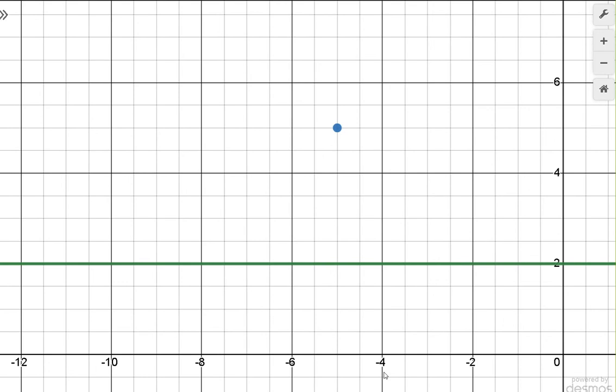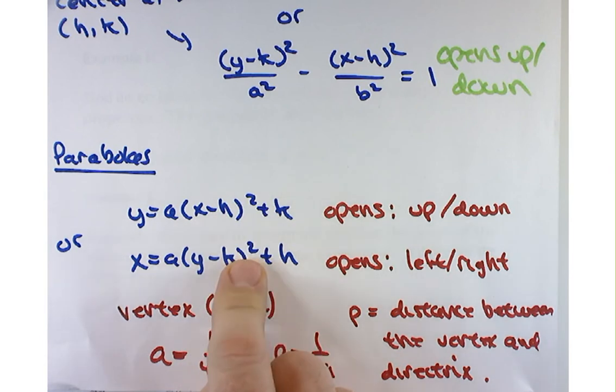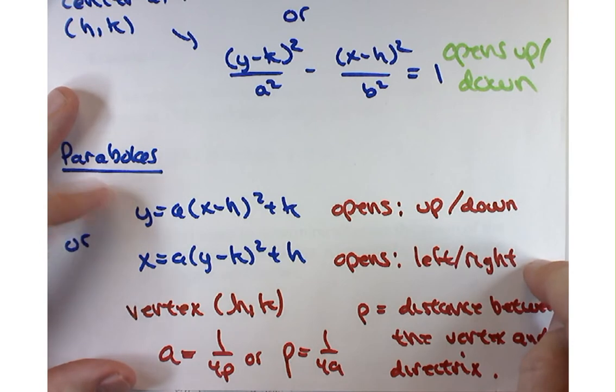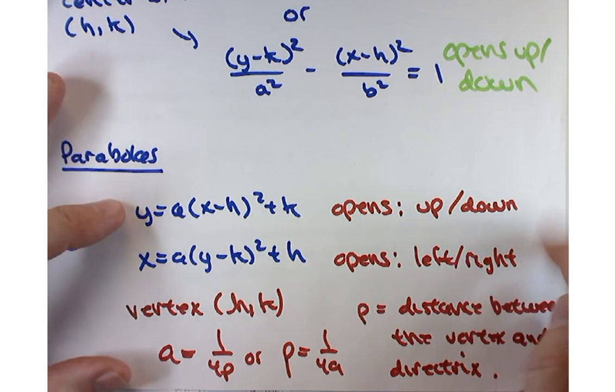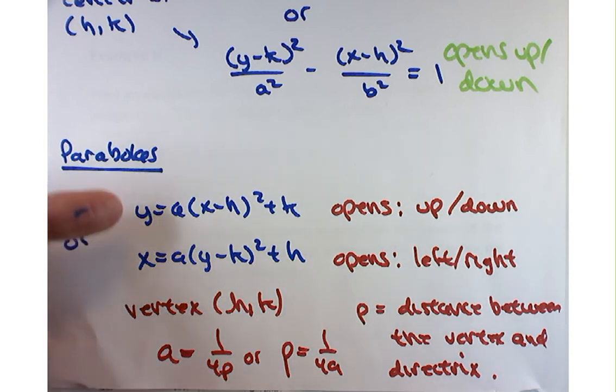Well, let me go back and remind you that your parabolas had one of two possible forms. Either this one or this one. Which one of these possible forms am I going to use and fill in information to figure out this graph? The y equals something or the x equals something?